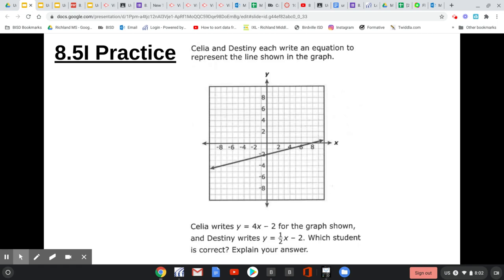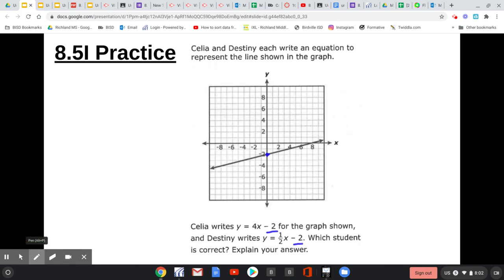These two students each write an equation to represent the line on the graph. The first student writes y equals 4x minus 2. The other student writes y equals 1/2x minus 2. Which student is correct? Well, they both got the y-intercept correct.